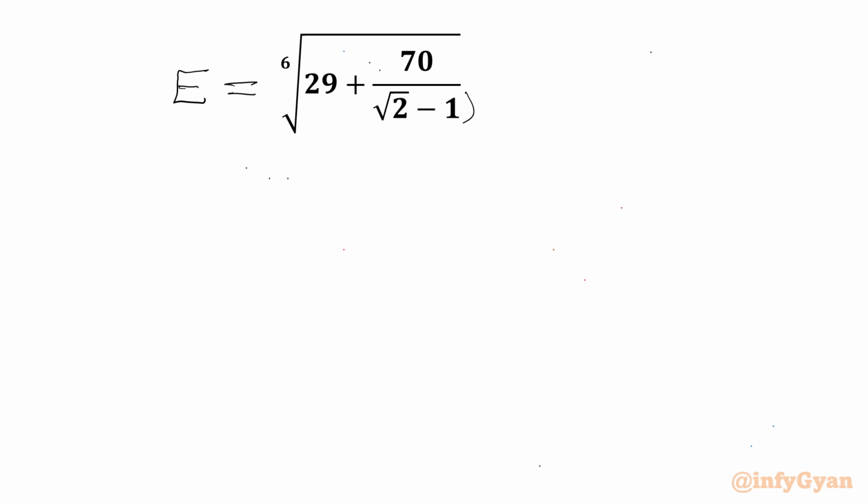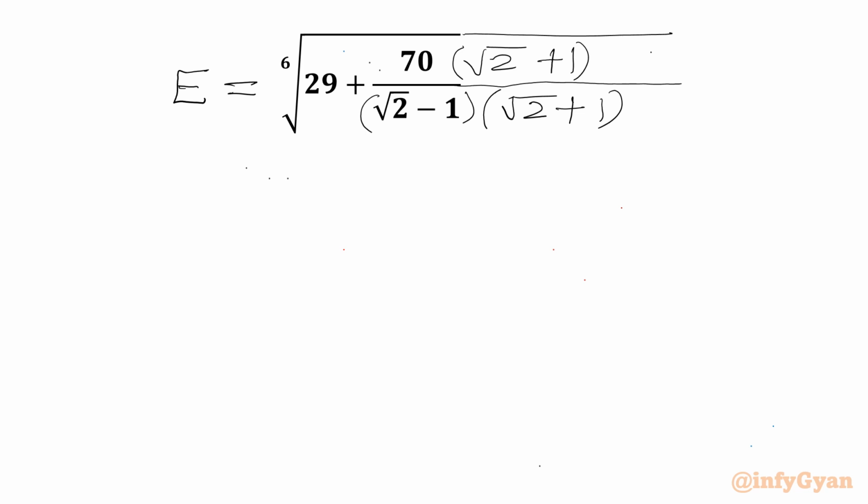Now I will rationalize our denominator here. So we will multiply with root 2 plus 1 in the numerator and in the denominator. So in the denominator we will have a minus b times a plus b form, which we can write as root 2 square minus 1 square.